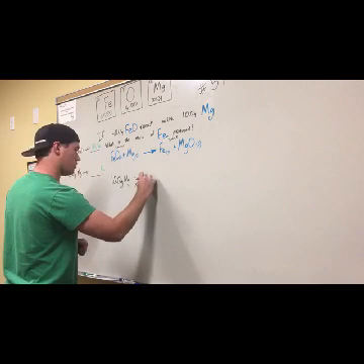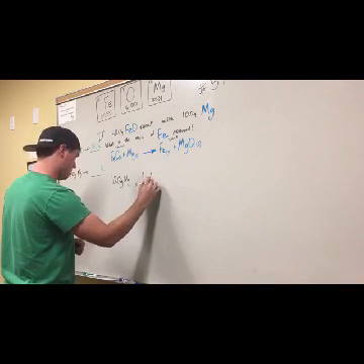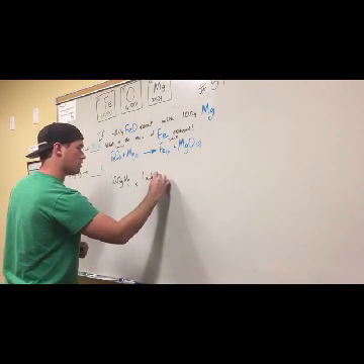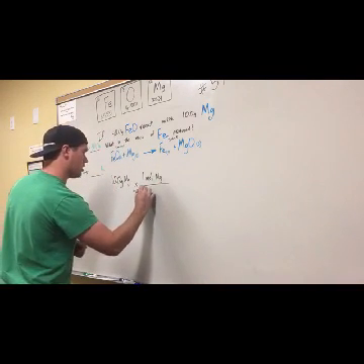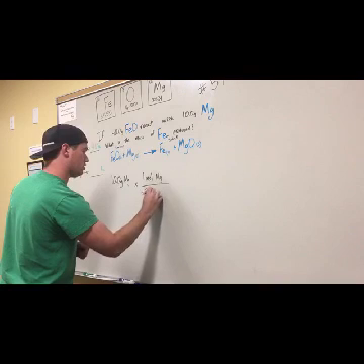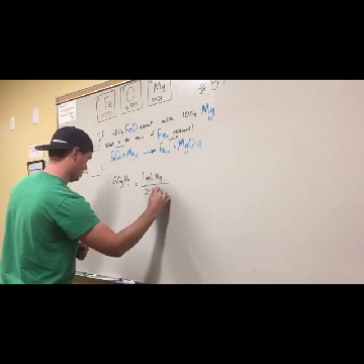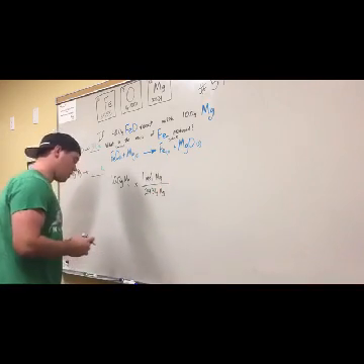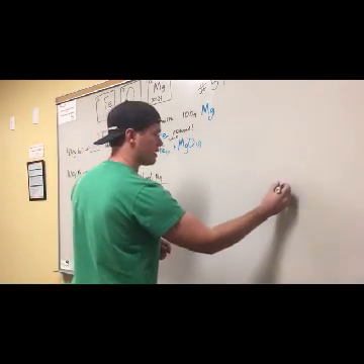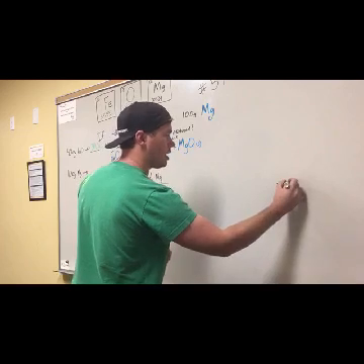So 1 mole of magnesium equals 24.31 grams of magnesium. Okay, and then our end result over here on this side is how much iron we're looking for.